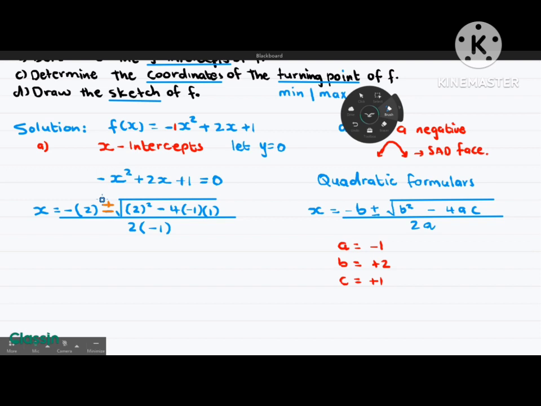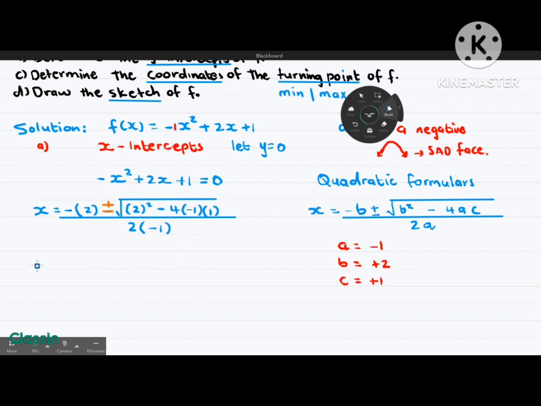So we first input plus, then you say the root, open brackets 2 squared, then minus 4 into negative 1, close bracket, open bracket again 1 and close bracket. For the denominator, you press 2, open bracket, negative 1, close bracket, equals.